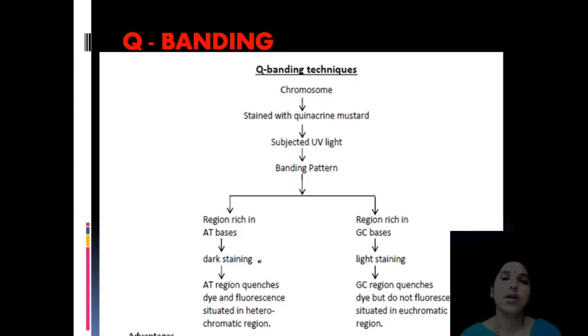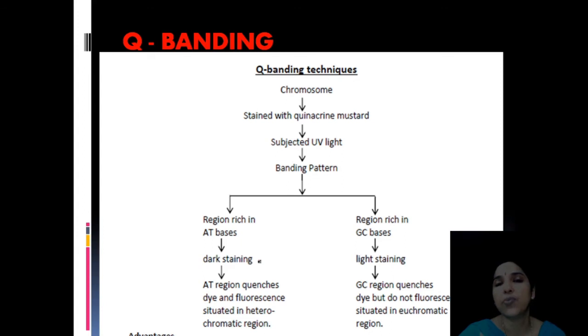Okay. So now let us move on to the second type, that is Q banding, another very important banding technique. In the Q banding technique, again the same procedure: from the cell culture, you arrest the chromosomes at metaphase in the maximum condensed stage by using colchicine treatment.